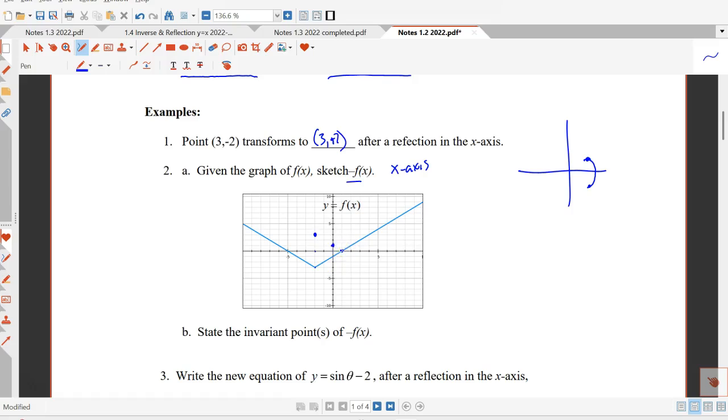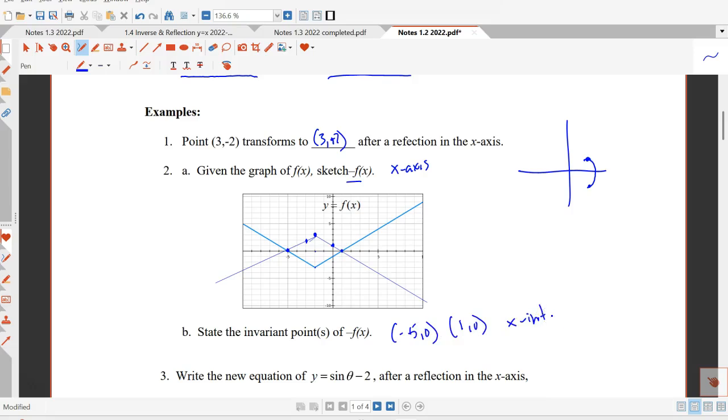This point is invariant, as is negative 5 for the x. And I'm also going to reflect the negative 2 to positive 2. And with a ruler, I am going to carefully draw my graphs that go as such. And so there is my sketch. The invariant points are going to be negative 5, 0, and 1, 0, which are the x-intercepts.